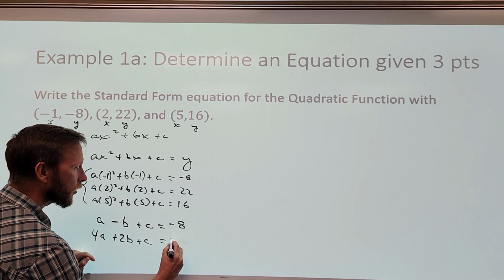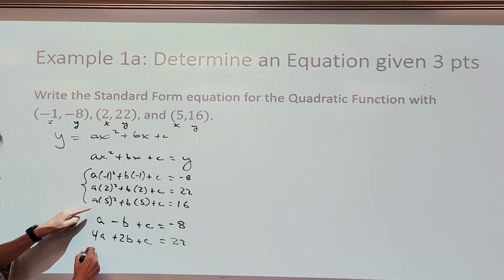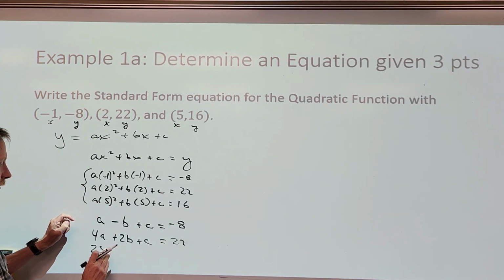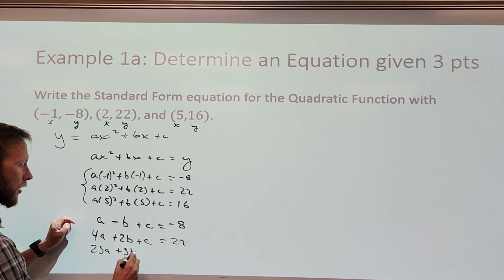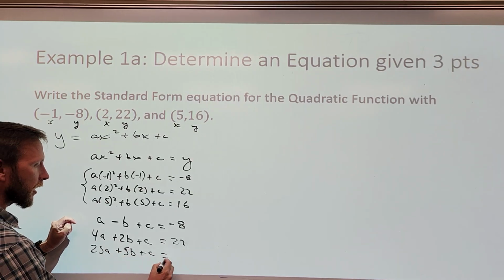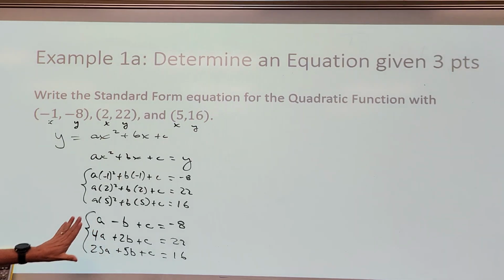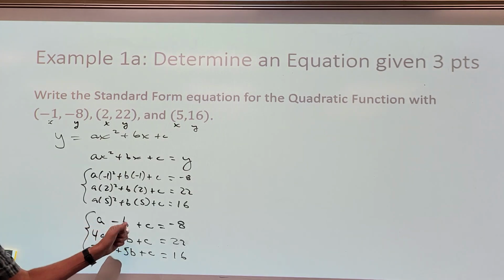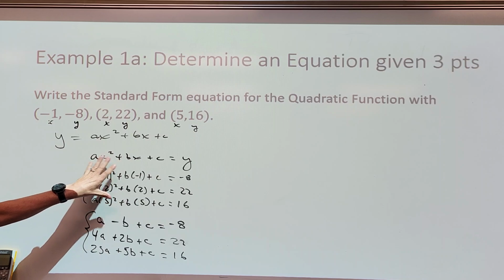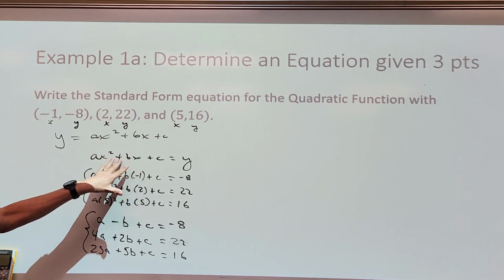So 22 right here. 5 squared is 25, so I've got 25 times a, and then I have 5 times b, and then c by itself again, and that's going to give me 16. So now we have this system of equations that looks like a system of linear equations in 3 variables, all right, as opposed to this quadratic equation.